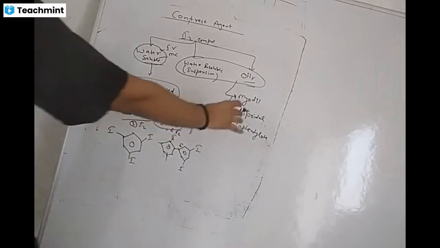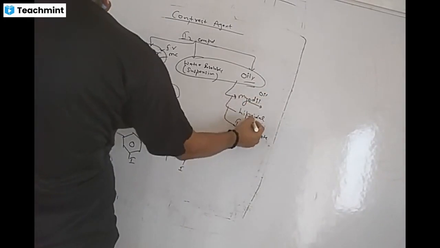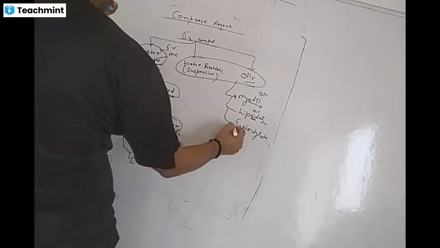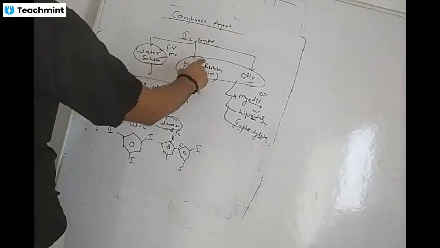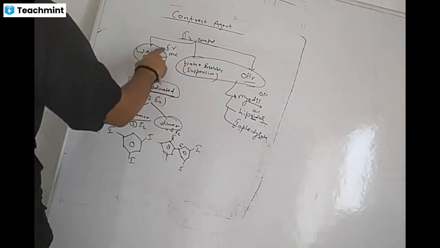In all 3 cases, if you read in sequence, oil is written O-I-L. Here also O-I-L. So these are oily compounds, and they may be water soluble, water insoluble suspension, or they may be oily. Out of these 3, the water soluble ones are more commonly used.